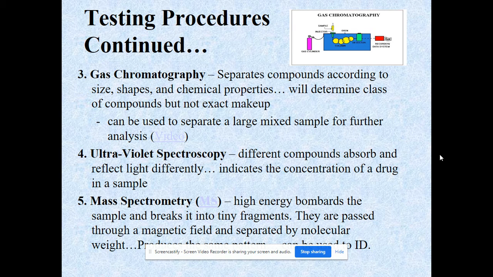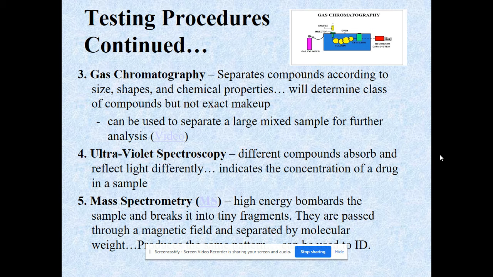Next is ultraviolet spectroscopy, and I did not find a good video. I looked for a good video for that, but there just wasn't one to show. What I can tell you about that, and we mentioned this when we talked about fiber testing in Forensics 1, is that this is a machine that will record the wavelengths of light that are reflected off of something. So you can use this for fibers.